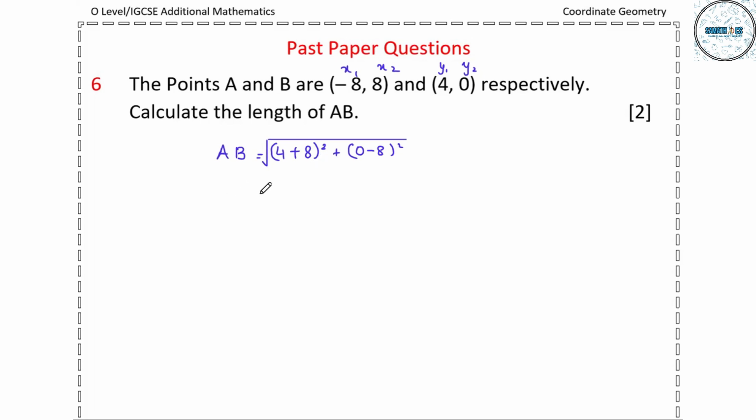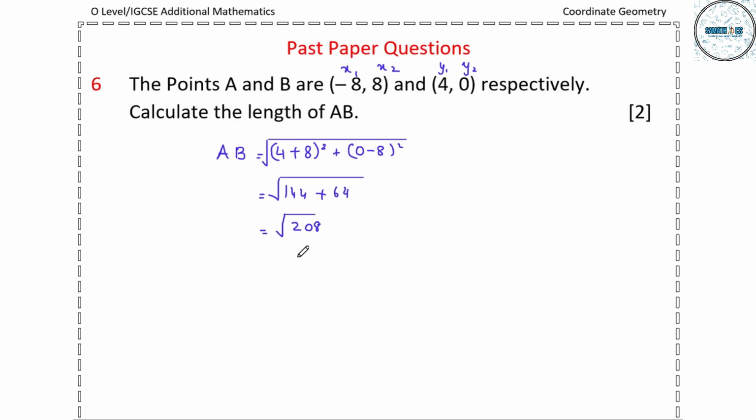So AB is equal to 4 plus 8 is 12 and 12 square is 144. 0 minus 8 is minus 8 and square of minus 8 is 64. So finally, we'll get here 208.